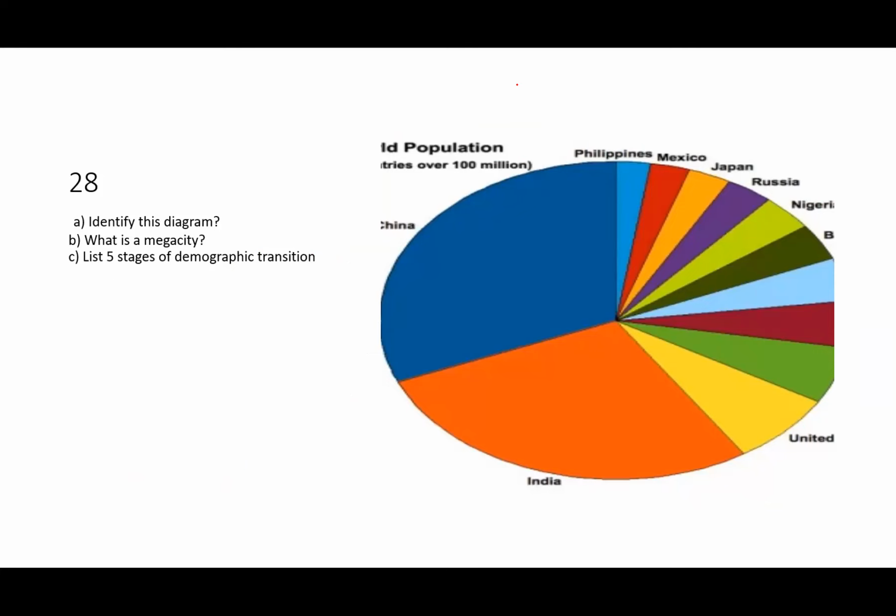List 5 stages of demographic transition. Now, you should identify the diagram. It's a pie chart showing the 12 most populous countries in the world.